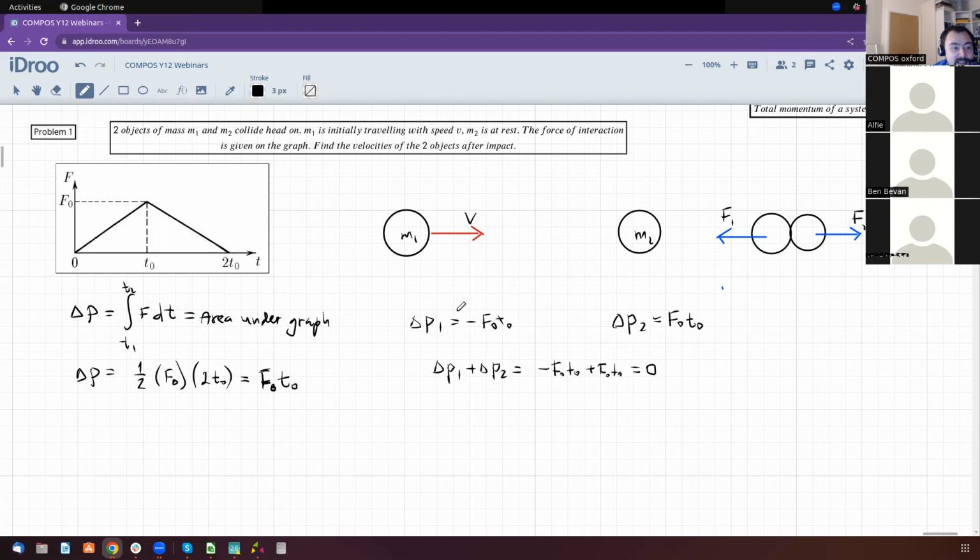Okay, so it works. Now, the momentum P1 after, so we will indicate that P1 is before, P1 prime is after.